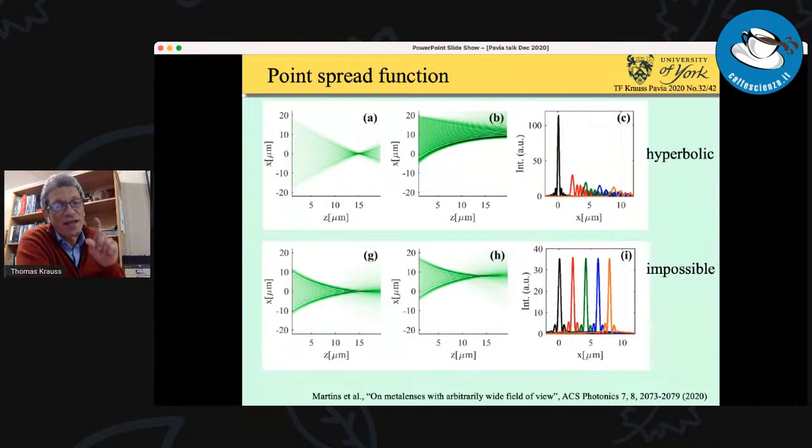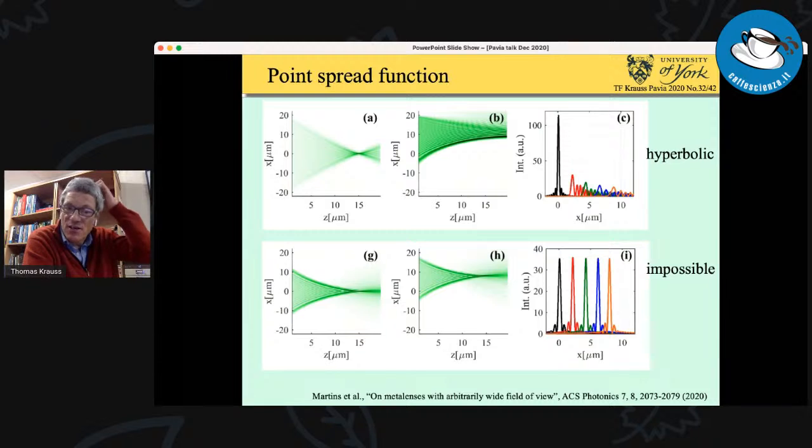So the physical size of the lens is 40 microns in diameter. But the impossible lens on the bottom only uses half of this. So the space between 10 and 20, or between -20 and -10 on the bottom left, this is all light that is lost because the K vectors that are generated there are imaginary. So they cannot contribute to imaging.